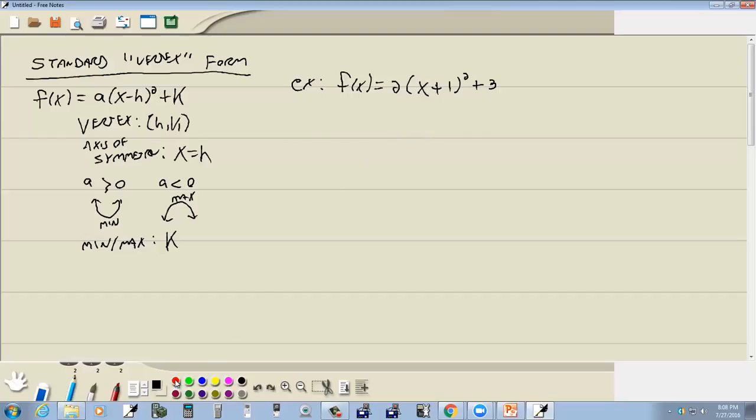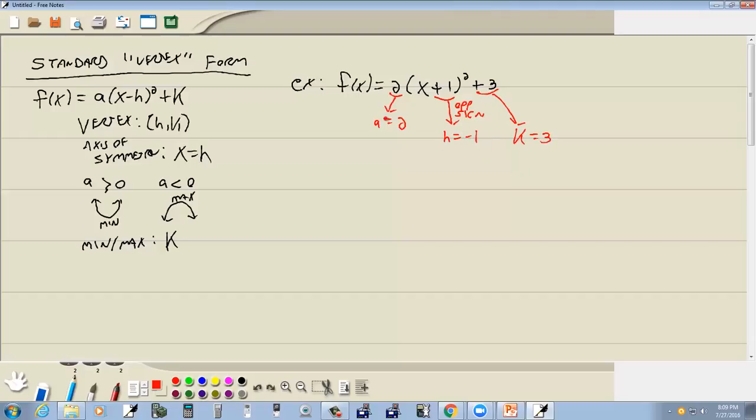Well, if we identify all our different letters, whatever number's in front here is our a, so a is 2. Whatever number's inside with our x is going to be our h, but it'll be the opposite sign. That's a positive 1, so h will be a negative 1. And then whatever number's here at the end will be our k, so k is 3.